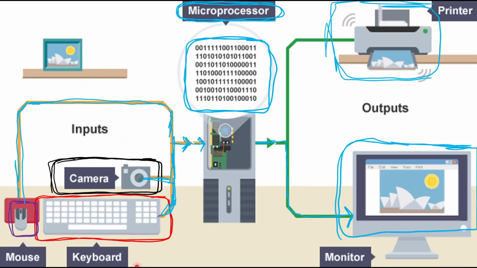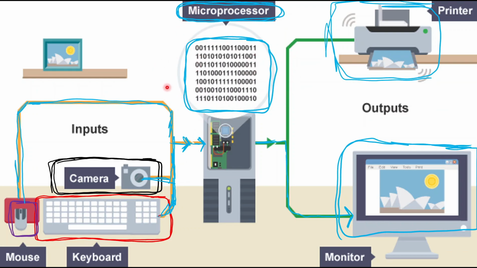As I told you, whenever you're providing input from the keyboard to the computer in your daily life, that input is always converted into zeros and ones by a microprocessor. Here is an illustration to help you understand better. Here we have a keyboard, and whenever you provide input from the keyboard, that input goes to the microprocessor in your CPU.